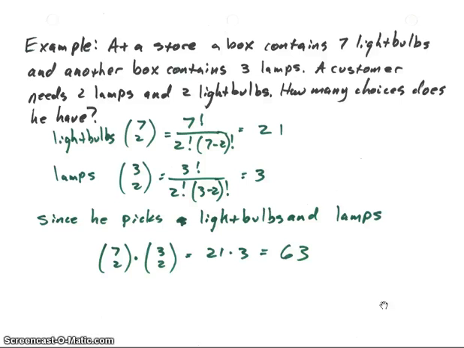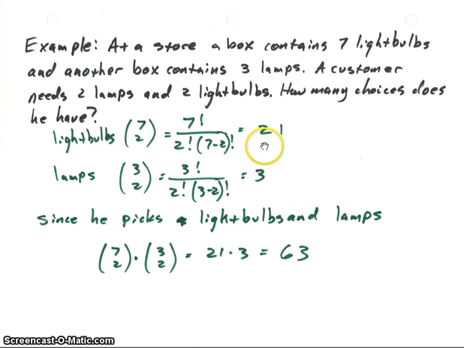Well, let's look at each one individually. If he picks 2 lamps from the 7 that are there, does it matter what order he chooses them? No, because he's just going to pick the 2 lamps and go home with those 2 lamps. So order doesn't matter, so we're dealing with combinations. And so for the lamps, he's picking 2 from 7.